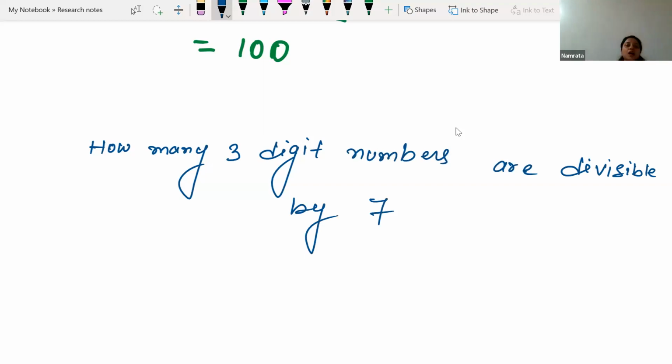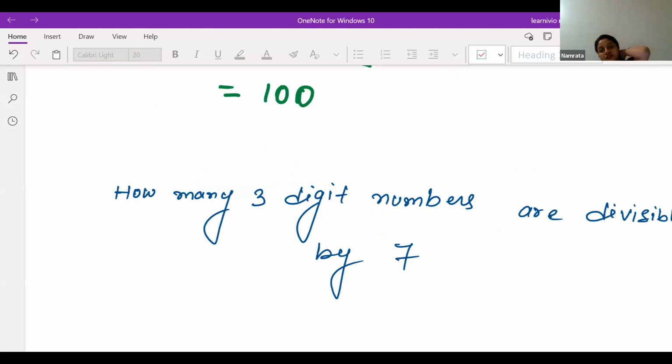Any idea how to proceed here? Anyone? Please try it first. Just think about it. If you want, you can write something in the chat box. Please feel free to give your opinion, then we'll proceed with that.